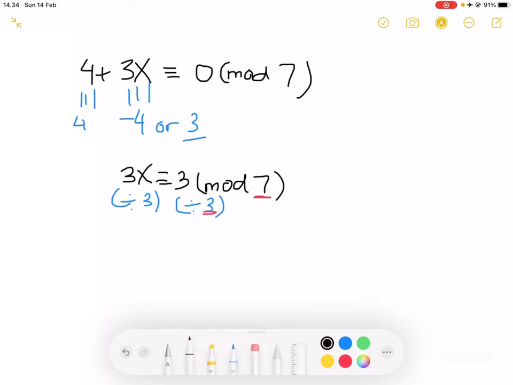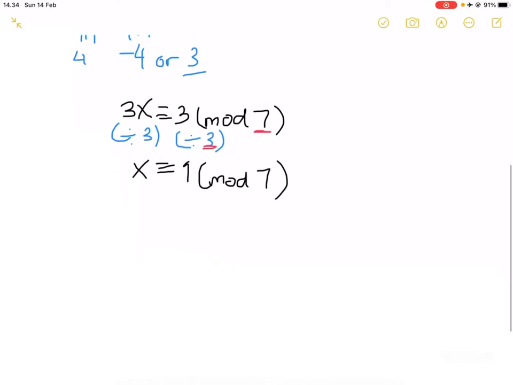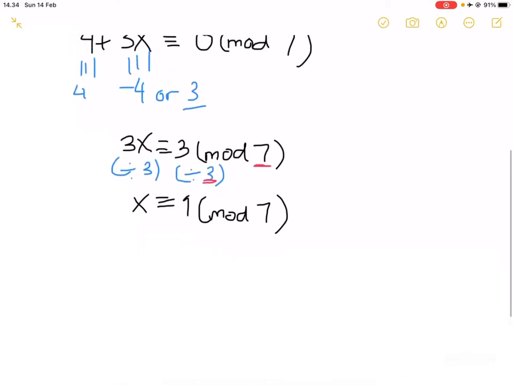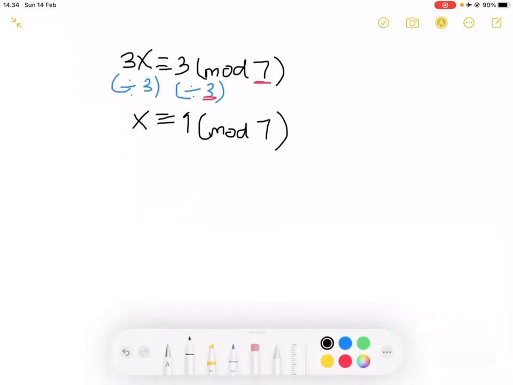So anyways, we're left with x is congruent to 1 mod 7. From this point you may write some possible values for x. For example, x could be 1, 8, 15, and so on.